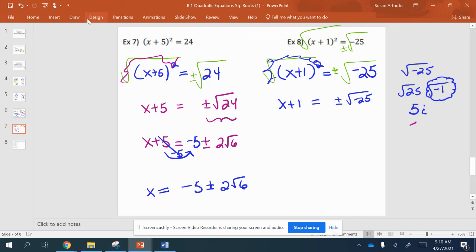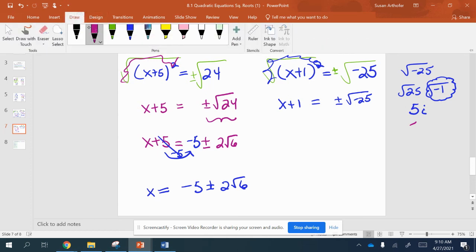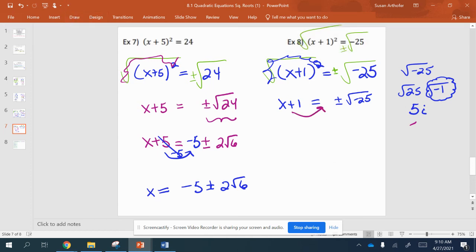Okay, so then we're going to go ahead and pop this over. Subtract 1 to both sides. So x is equal to negative 1, and we reduce this to 5i. Negative 1 plus or minus 5i, and that's our final answer.